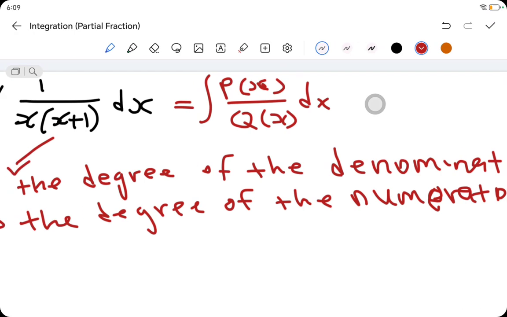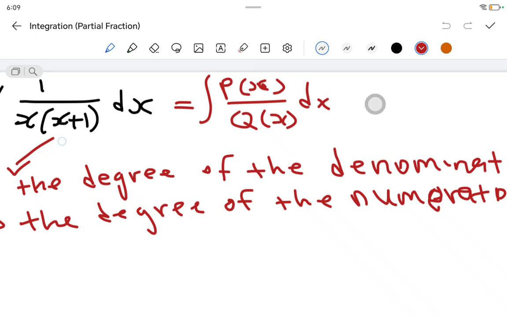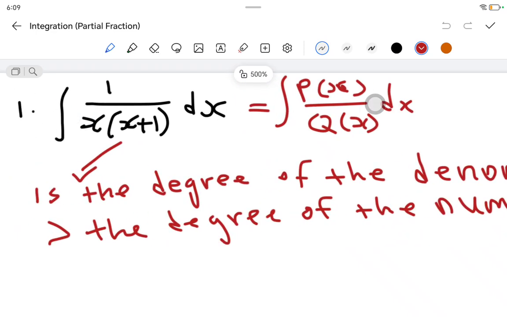How do we check the degree? The degree, we are talking about the exponent of x in this case. If we check the denominator, the exponent of x, if I try to expand this, I'm going to have 1. And remember, 1 can also be the same as x to the 0. So this is like this: x to the 0, x squared plus x.